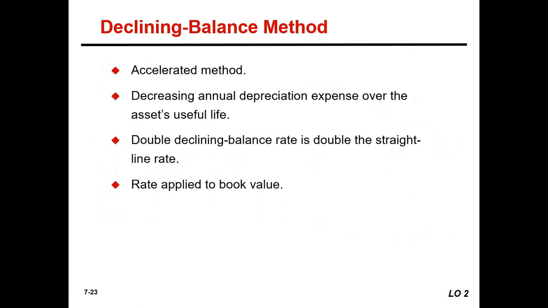Again, we're not going to go in depth with this. It's simply a different means of calculating depreciation. You need to know that it's an accelerated method, which means the most depreciation is taken in the beginning, and then it decreases over the asset's useful life.